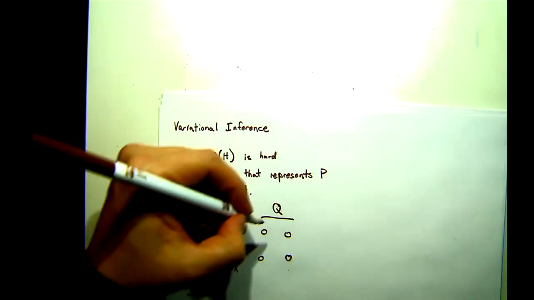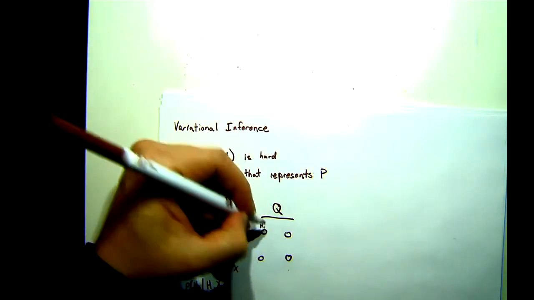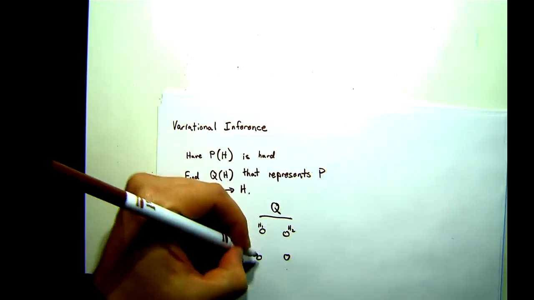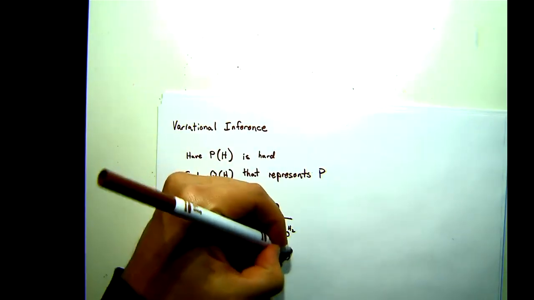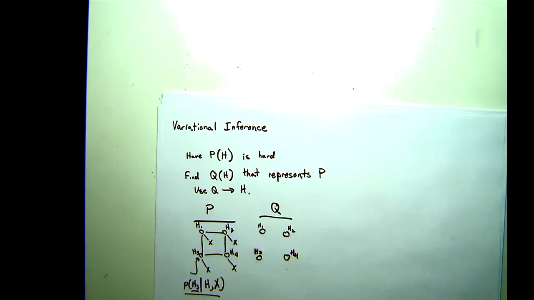So this is, again, h1 to h4. But we've cut out the x's, we've gotten rid of them, and we've cut out the interdependencies between them. So now it's really easy for us to evaluate this Q distribution, the set of Q's.